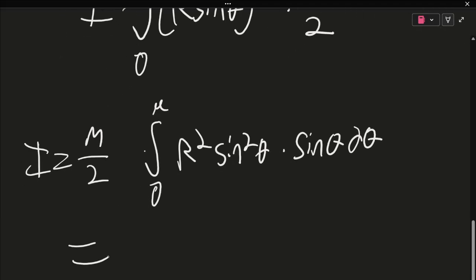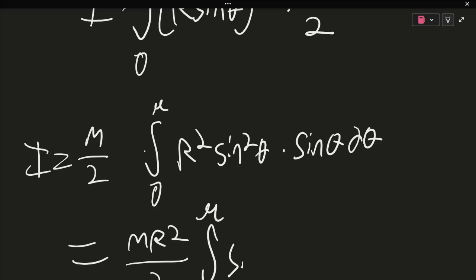And we can actually say this is equal to, remember our r squared is actually a constant too. So it's going to be mr squared, because the radius of the sphere is never changing, from 0 to pi of sine cubed of theta d theta.